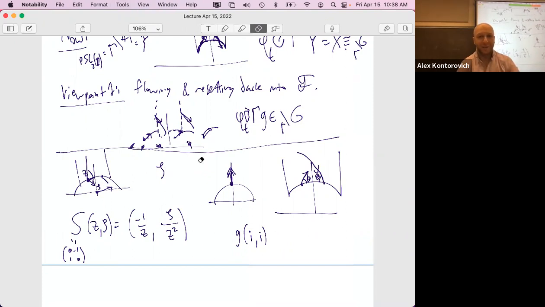Zeta is now a complex number. So what happens when you replace zeta, which was some complex number, with some angle, and the absolute value of zeta is related to the imaginary part of Z, to make it a unit vector with respect to the Riemannian structure.